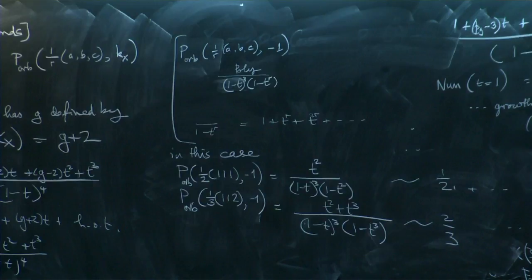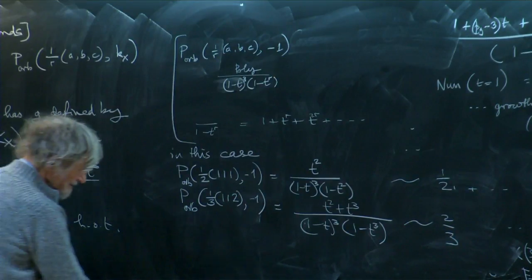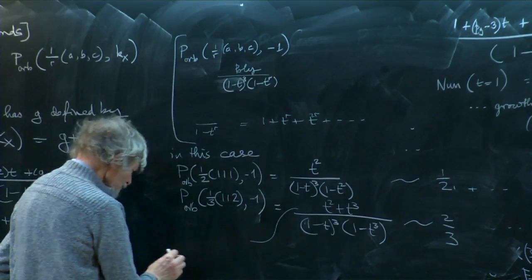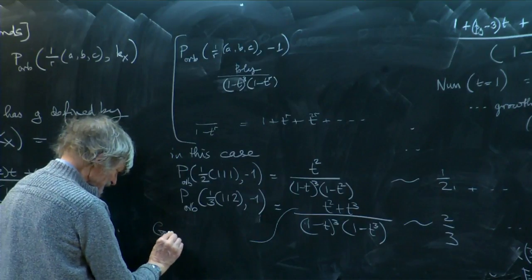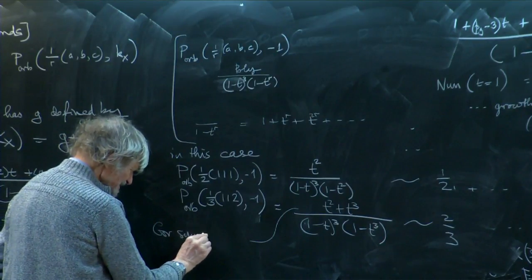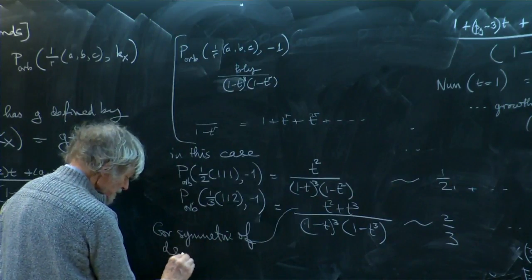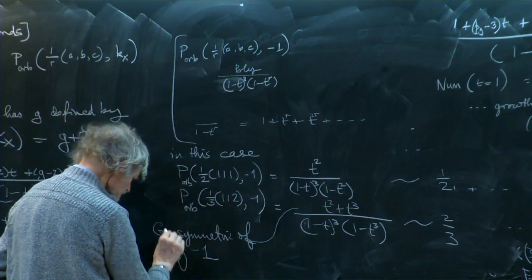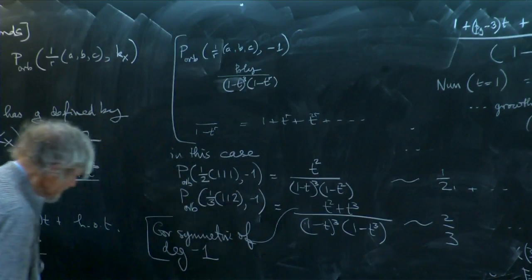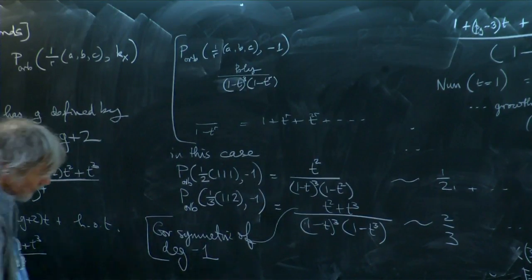This is the numerology. And there's one other magic property that this has, which is this is Bernstein symmetric of degree -1. Yes? So what does that mean?